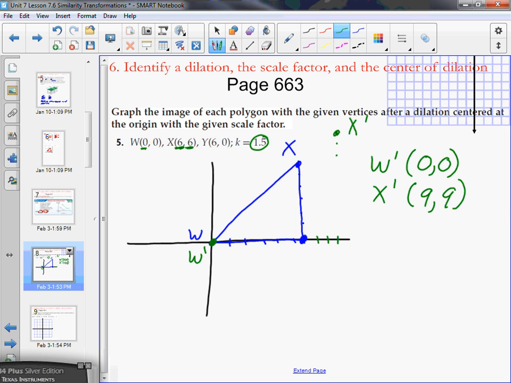X prime goes out there. Then Y is 9, 0. So that's Y prime. And there we are. So isn't it fairly easy to make a dilation as long as the origin is the center of dilation? It really is.